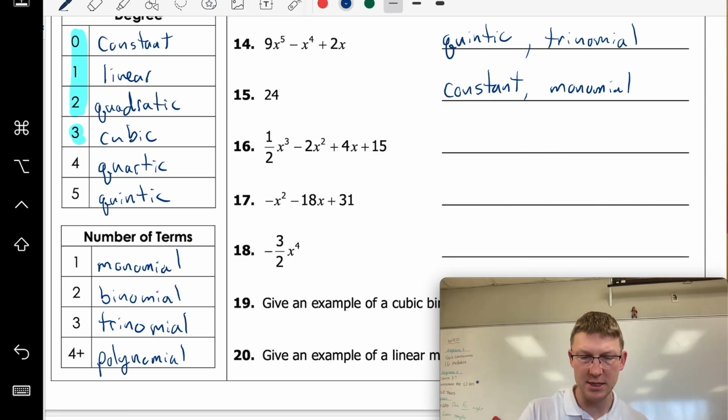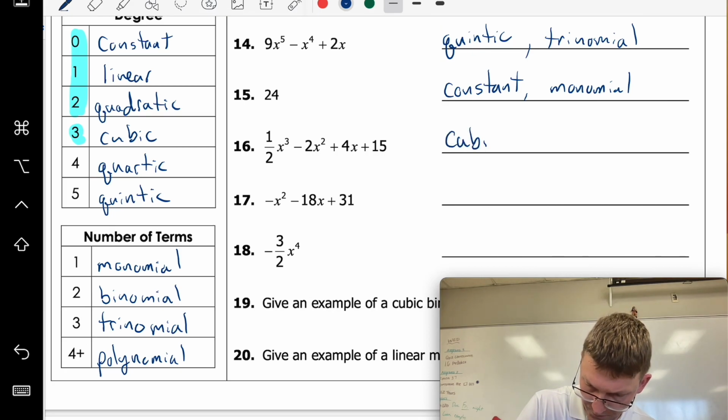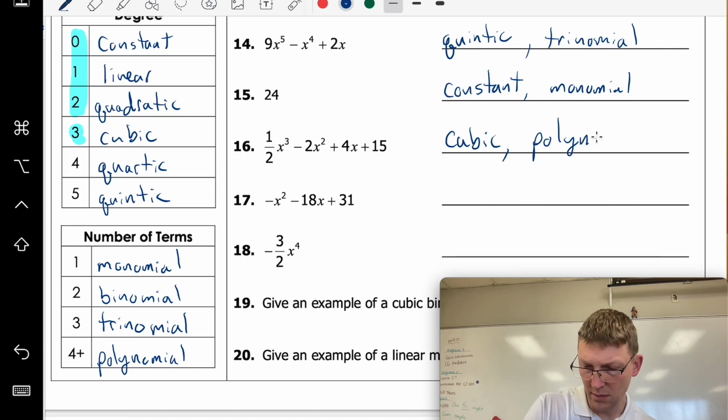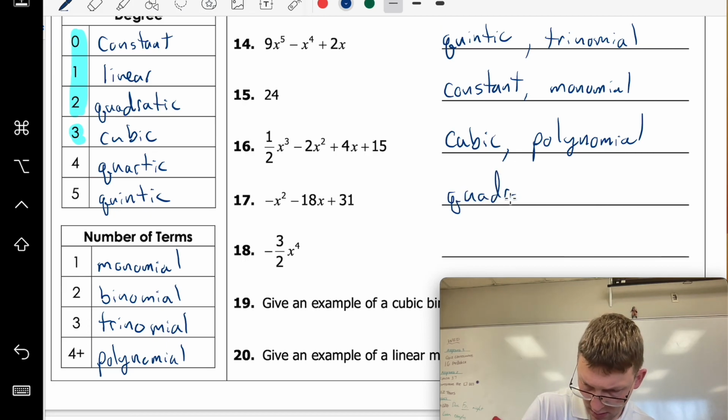16, our highest degree is 3, so we're going to call that a quadratic. No, just kidding. Our highest degree is 3, so it's going to be a cubic. And there's 4 terms, so we're just going to default to polynomial. 17 is a quadratic because squared is the highest degree.